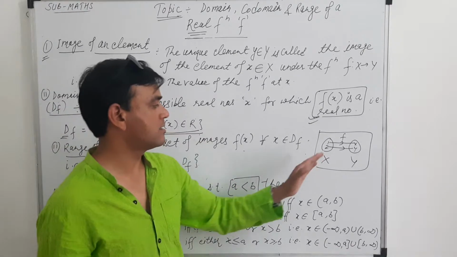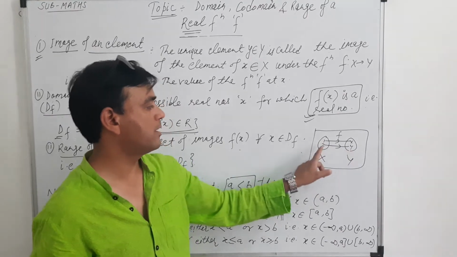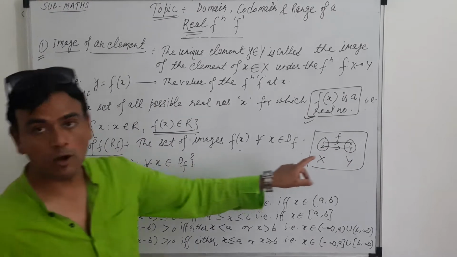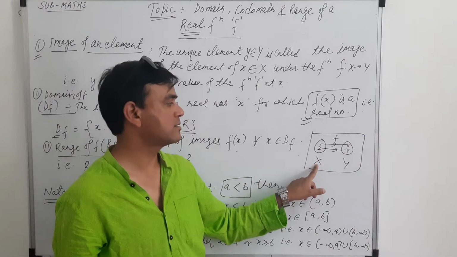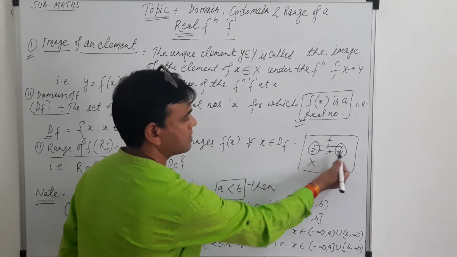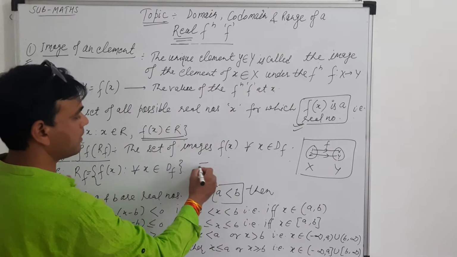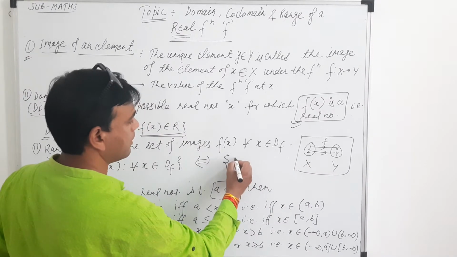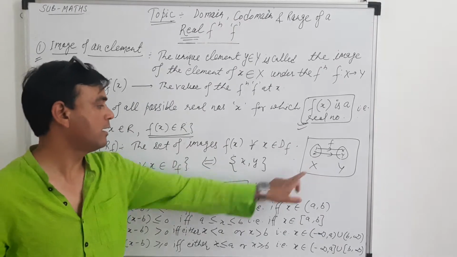From the figure you can understand here, x is the image of 1, y is the image of 2, and according to the definition of range of a function, the set of all images of elements of X is called the range of the function. It means here the image of 1 is x and the image of 2 is y. So according to this definition, the set of images of elements of X is called the range of the function.